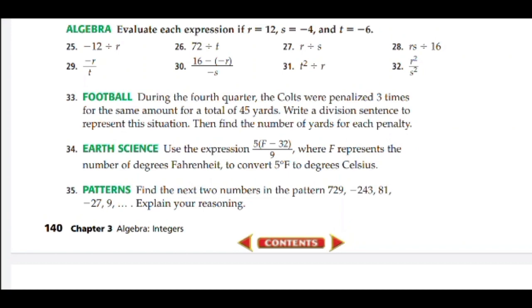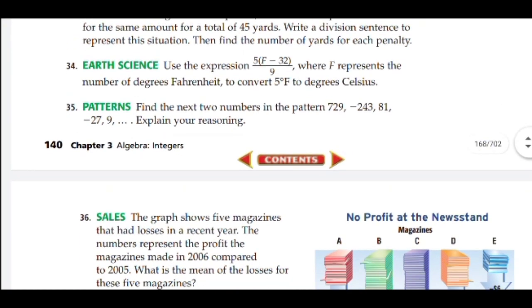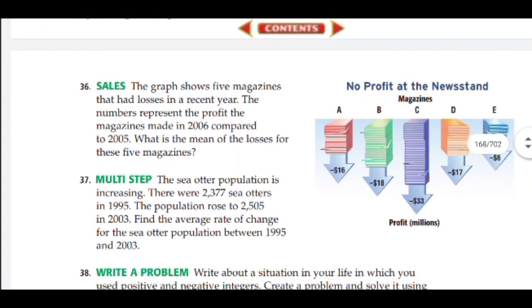Explain your reasoning. Next, 36, Sales. The Grapes So Fine magazine had losses in a recent year. The number represents the profit the magazine made in 2006 compared to 2005. What is the mean of the losses for this magazine?